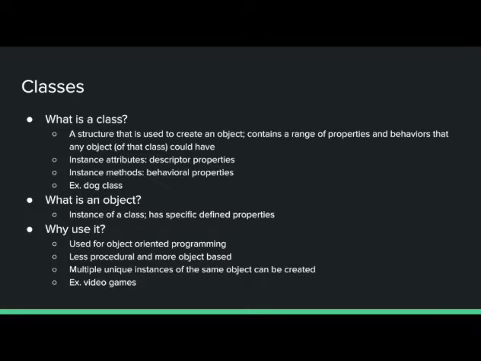So why use classes? Classes are primarily used for object-oriented programming, which is a less procedural type of programming, and it's more object-based, as the name implies. The benefit is that when you do procedural programming with multiple functions and variables, it can get complex, long and repetitive.